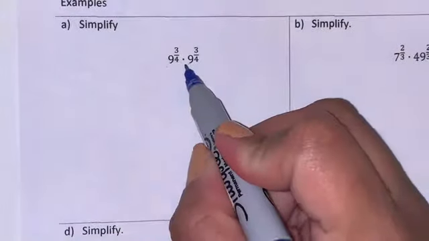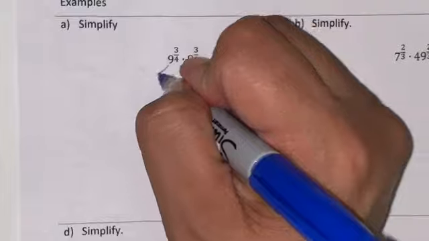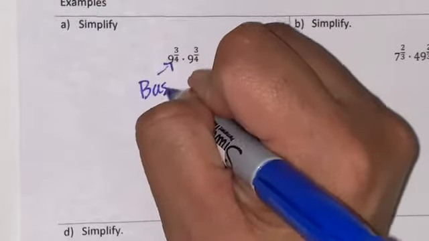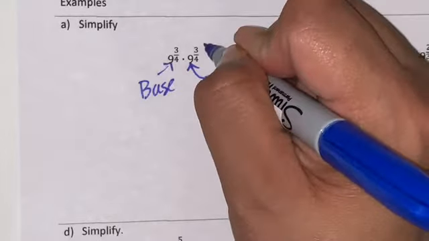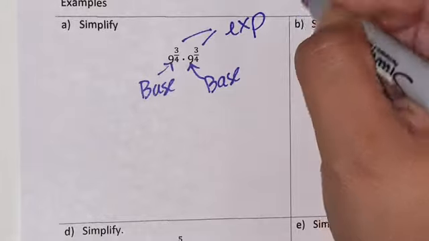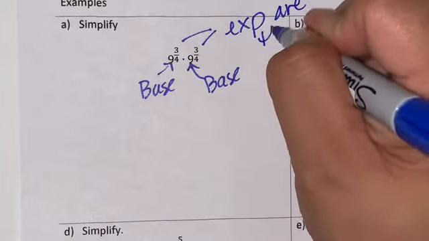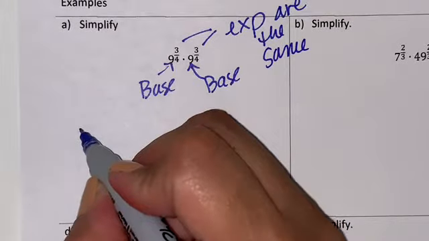So when I have the same base and the same exponent, so remember this is the base and that's the base, and the exponents are the same, I can multiply the base.